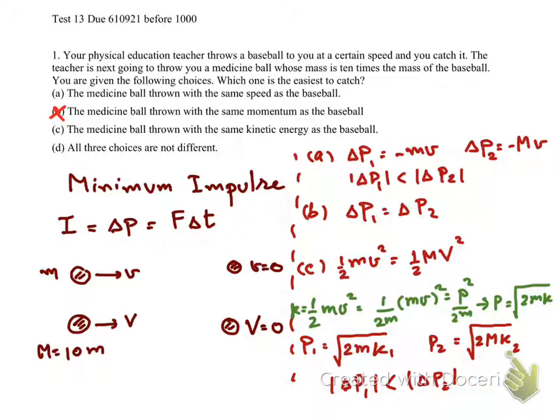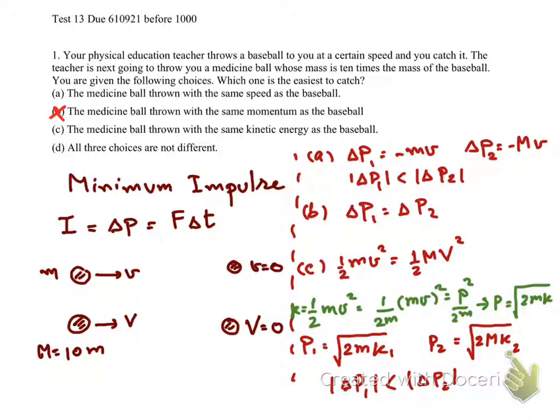So the condition is the minimum value of the impulse, or the minimum value of the change of the momentum. Okay, so let's see what is the condition for the minimum change of the momentum.